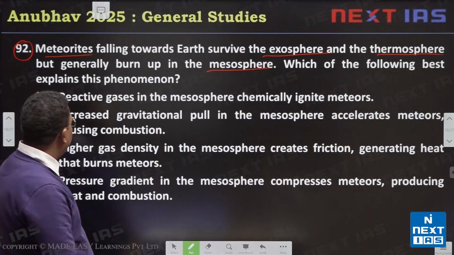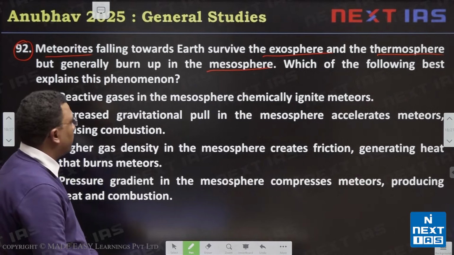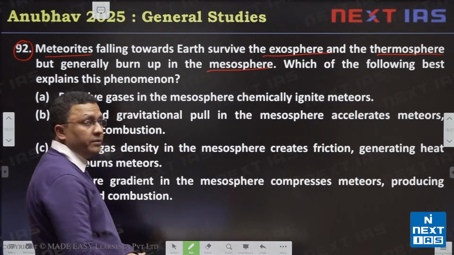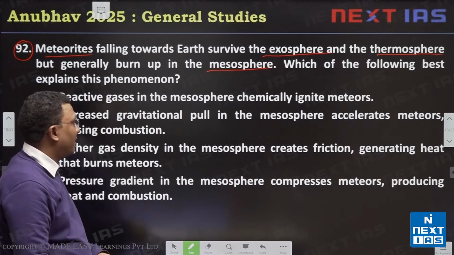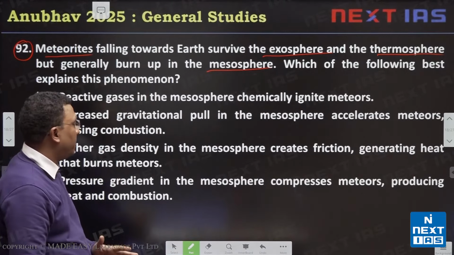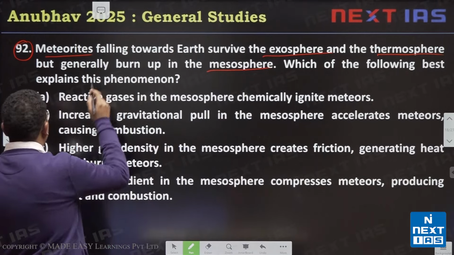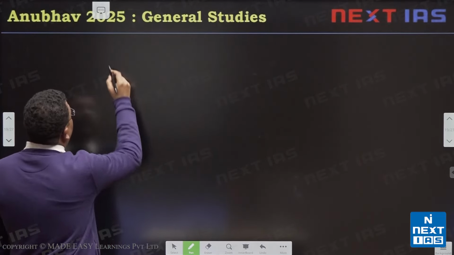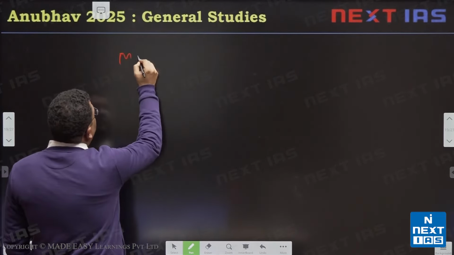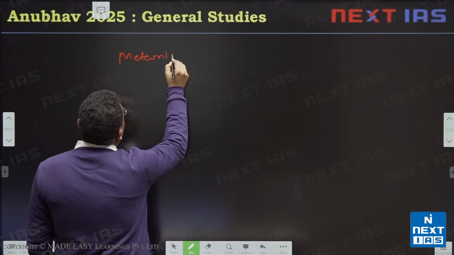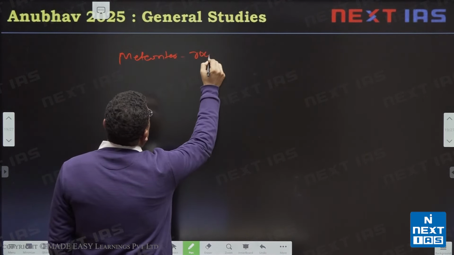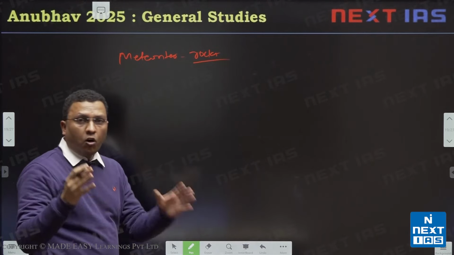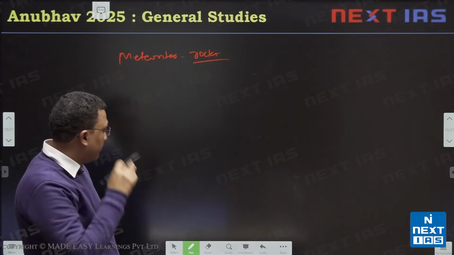So this is basically a question based on space objects, right? Such types of questions are also asked by UPSC sometimes, right? So first of all, let's understand what a meteorite is. Meteorites are basically rock particles falling from outer space towards the Earth, right?